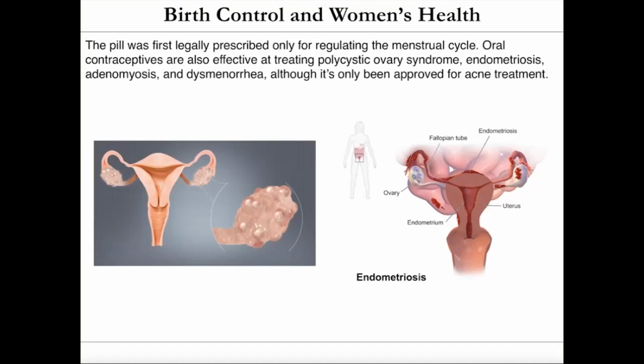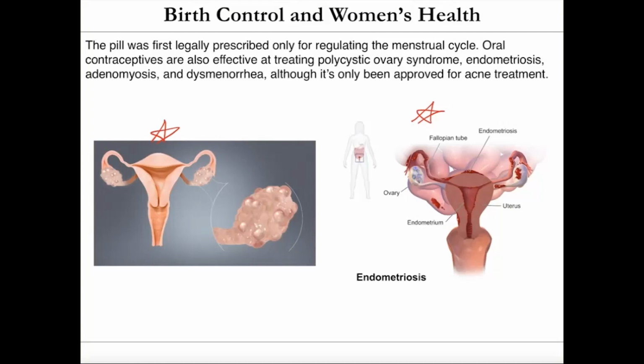But birth control actually also had an effect on women's overall health. Oral contraceptives are also effective at treating things like polycystic ovary syndrome, endometriosis, adenomyosis, and dysmenorrhea, which is painful periods.